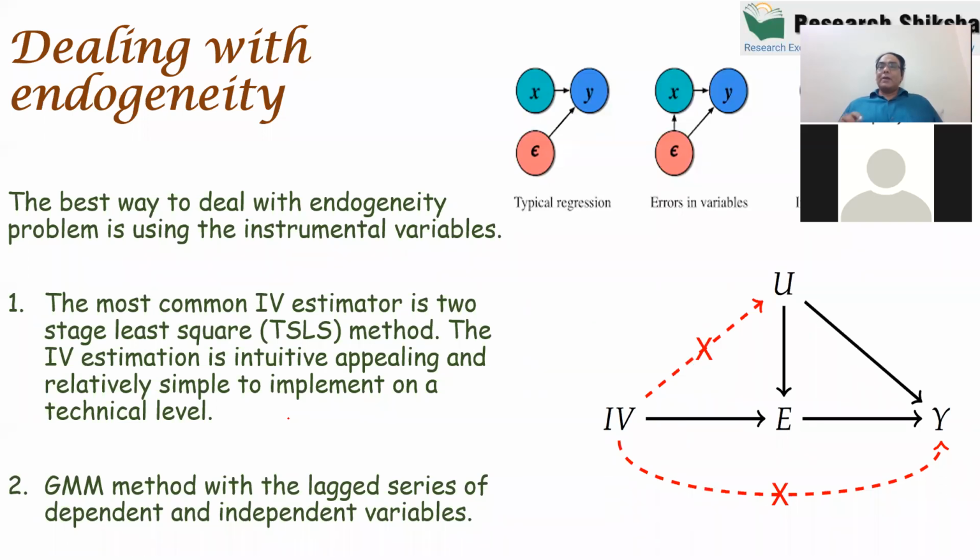Suppose in the regression model, one of the independent variables is also having correlation with the error term.